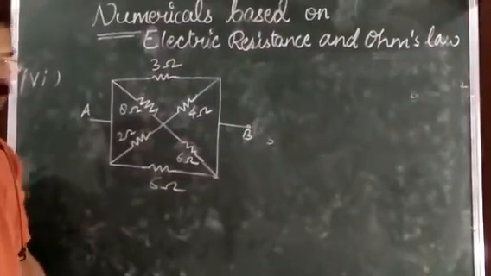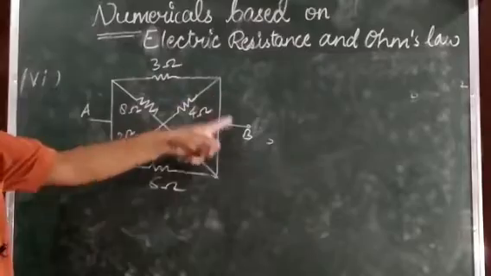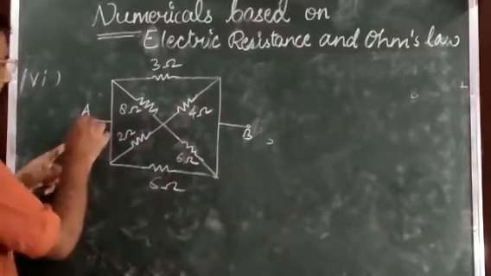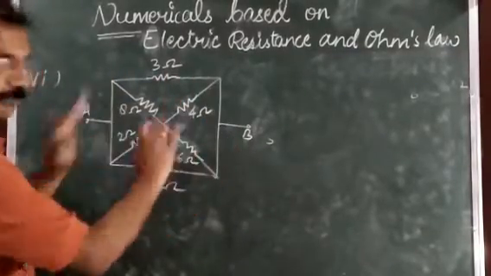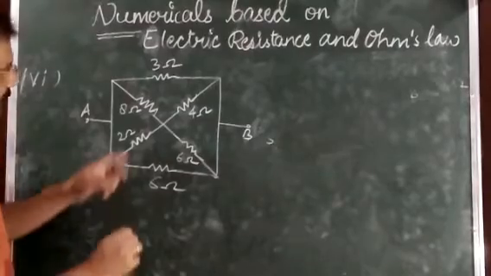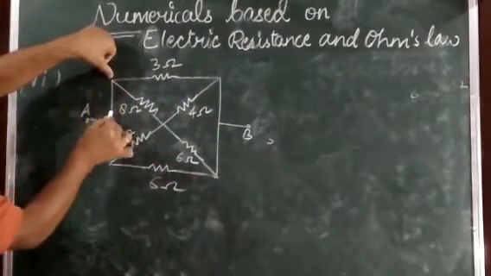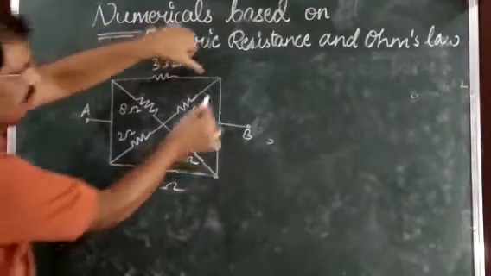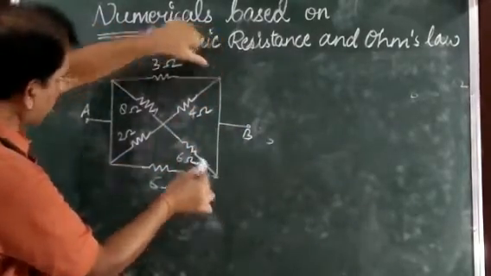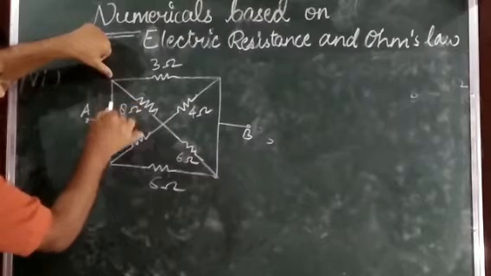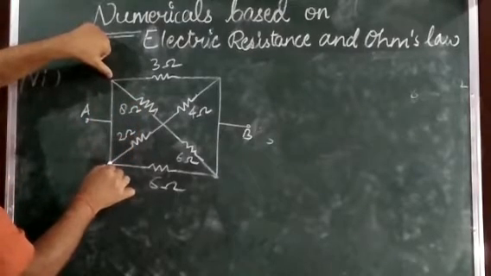Now next problem is here. How can we find the equivalent resistance between A and B in this case? And for finding the equivalent resistance in this case, you see this one is simply a wire, and this one also simply a wire. It means at this wire at each point potential will remain same.